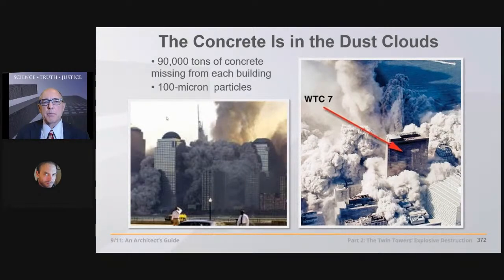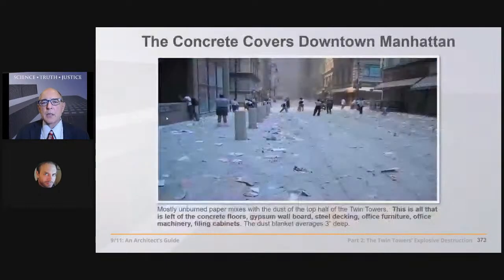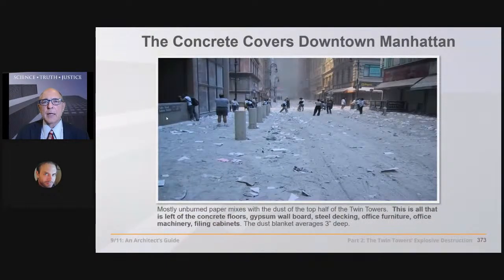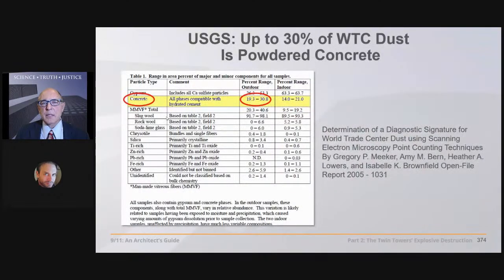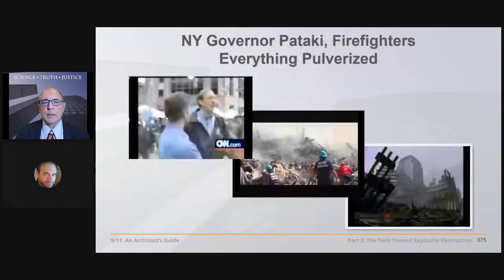It's in this powder that works its way all the way across lower Manhattan in a 3 square mile area. 30% of this dust in most of the samples is concrete. How did it get pulverized?